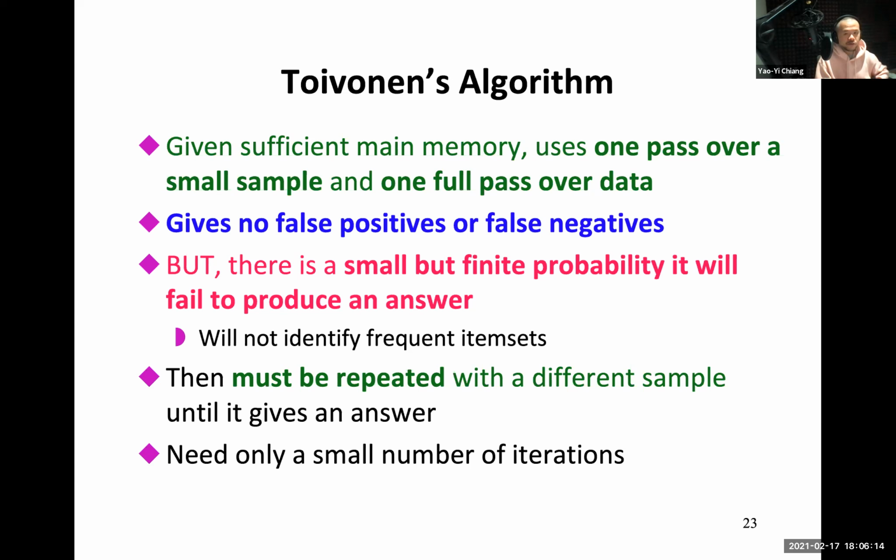So in the sampling approach to find frequent item sets, what would be the problem? Well, we might want to use a small support threshold, but you will always have false positives and false negatives, right? Just a recap, what exactly are false positives? Anybody?